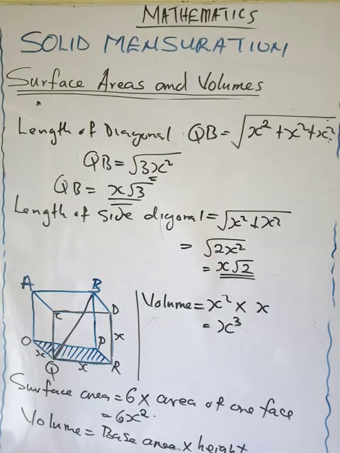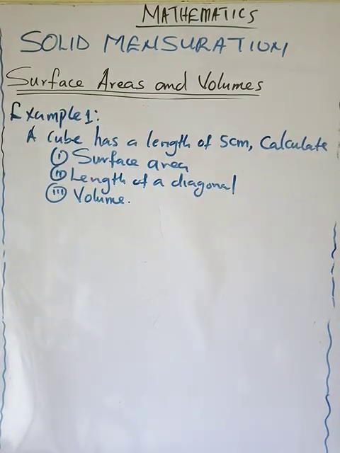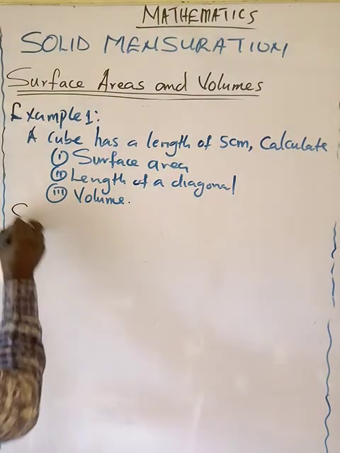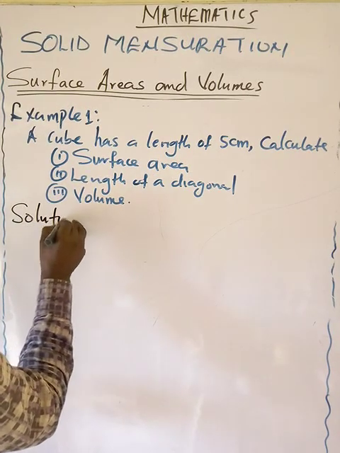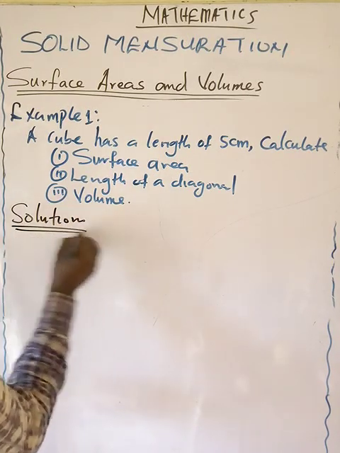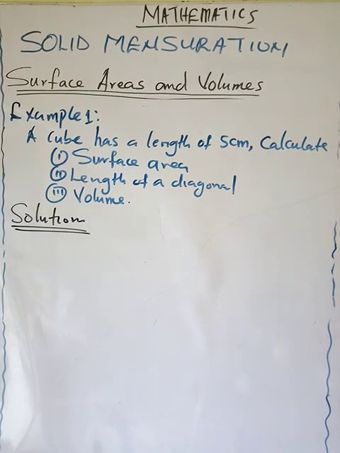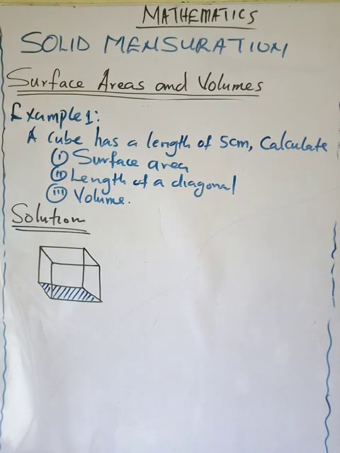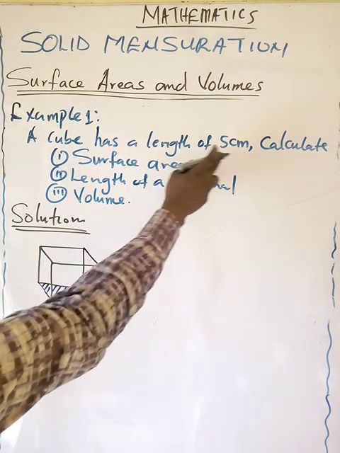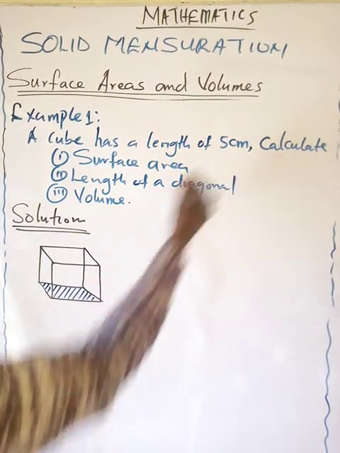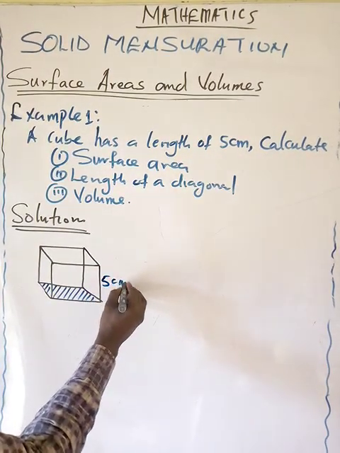So the next thing we want to do now is to solve examples on this. Solution. To answer this question, we are going to draw our cube. A cube has a length of 5 centimeter.